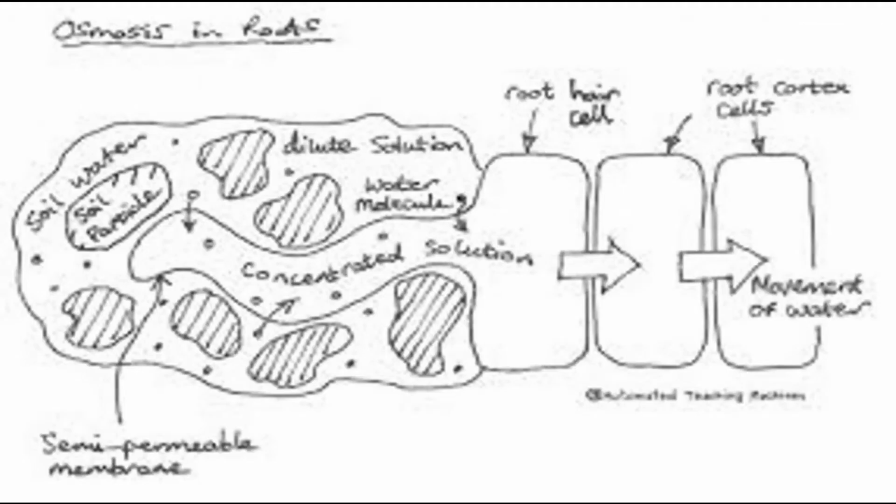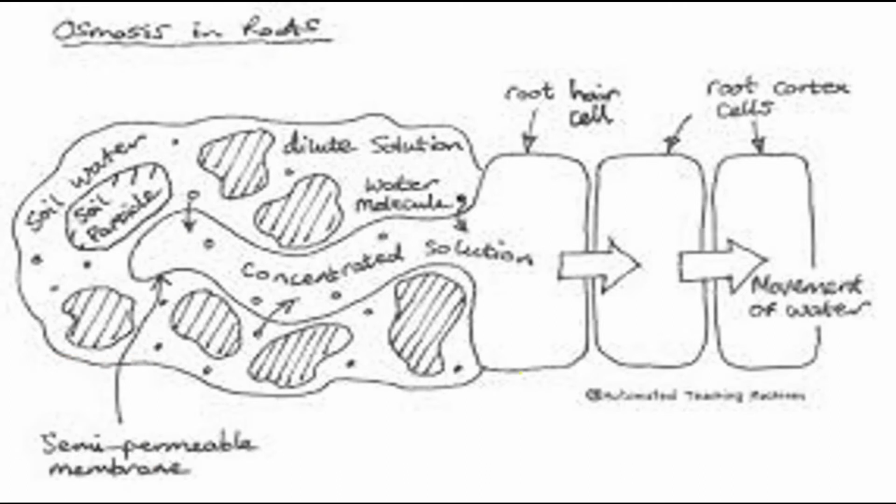Here I have osmosis in the roots of plant cells. I want one volunteer to explain to me, how does this happen? If you're asked to draw a diagram to show osmosis, you must be able to do this. So tell me exactly, how does this happen?